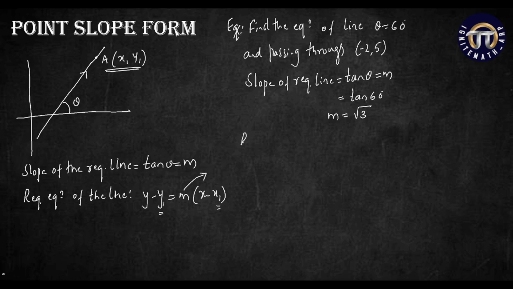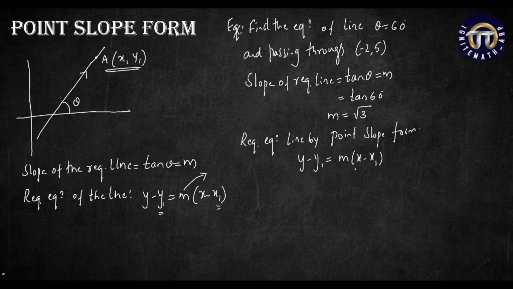So now the required equation of the line by point slope form. Point slope form is given by y minus y1 is equal to m of x minus x1.